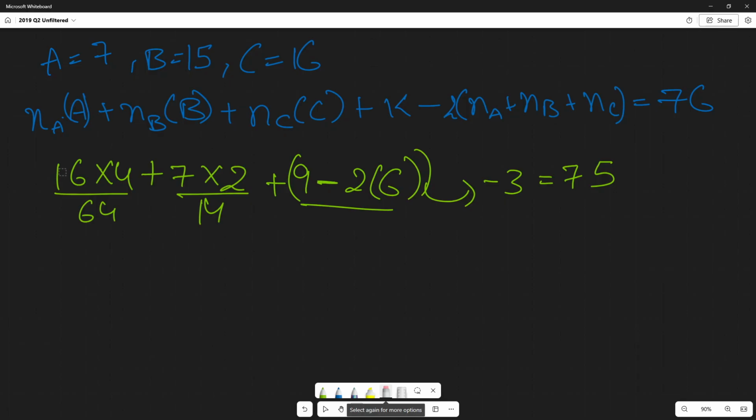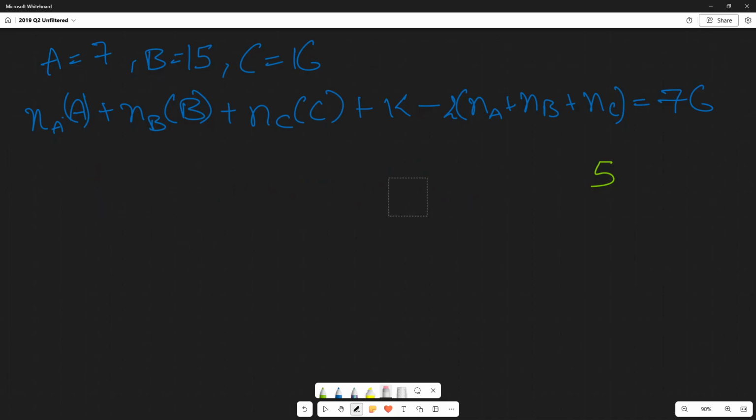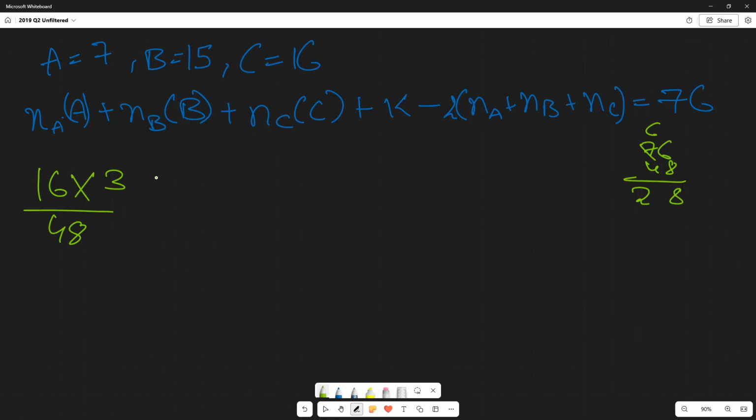Or what we can do is multiply with 50, and since we are already getting negative, maybe that's a possible thing, but we'll check. We can keep 16 into 3, which is 48. 76 minus 48 is 28.